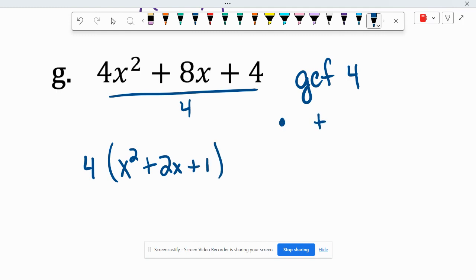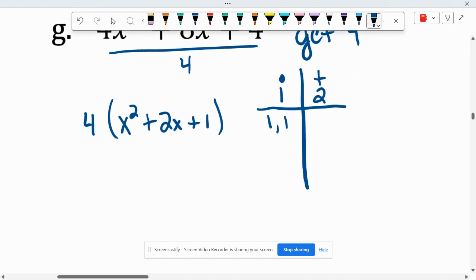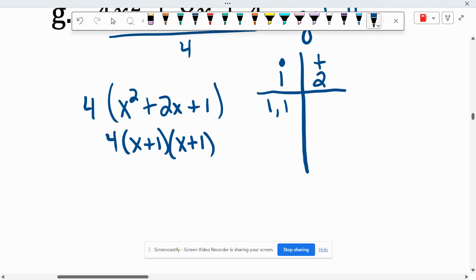On the product side, A times C, I'm looking for 1 that adds up to 2. What are the factors of 1? Just 1 and 1. So this becomes x plus 1 times x plus 1 with my 4 outside. But what's a better way to write that? 4 times the quantity x plus 1, the quantity squared.